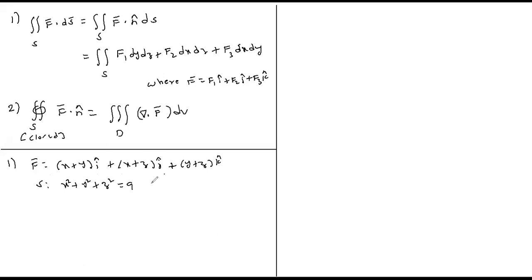And you can see, because it is a complete sphere, it is a closed surface, and we are asked to find the integral over S of f bar dot n bar ds.